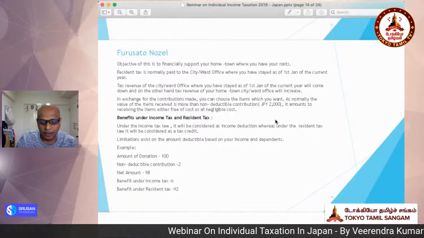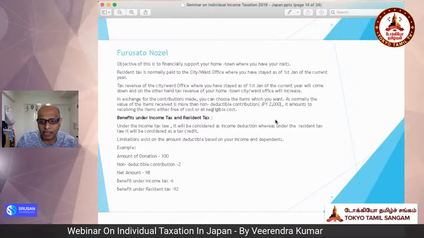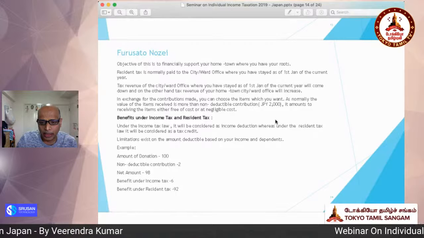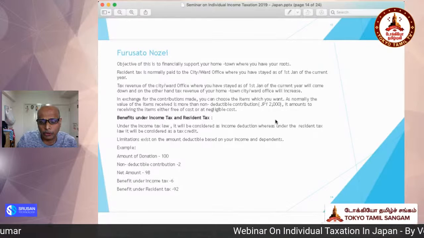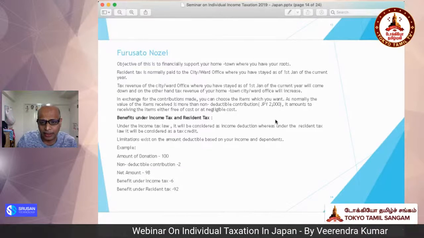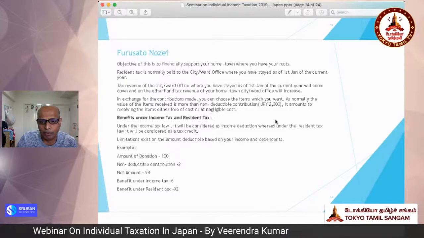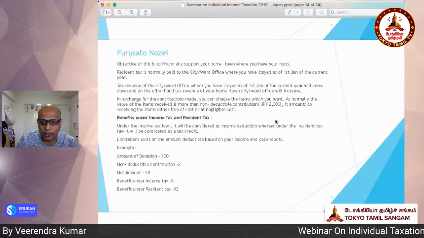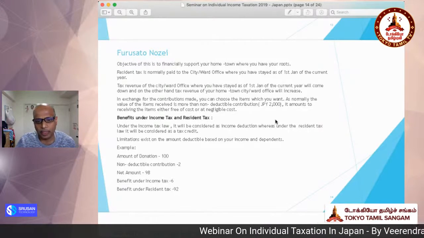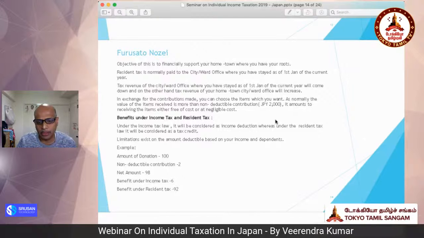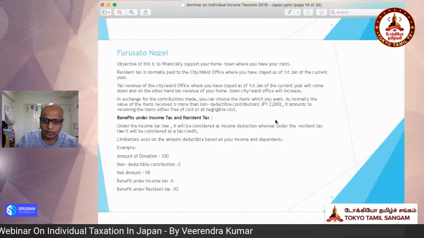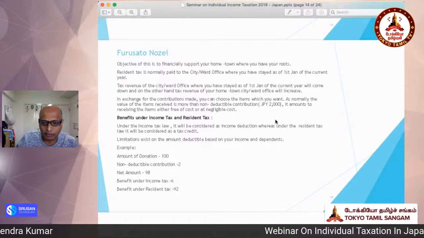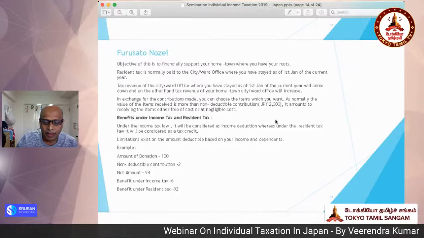But many of our foreigners take advantage of this, and they contribute to any ward office or city which they like, depending upon what benefits they are going to get, and in exchange for the contributions which they make, they receive in return some gifts or other things, which are not considered as taxable.